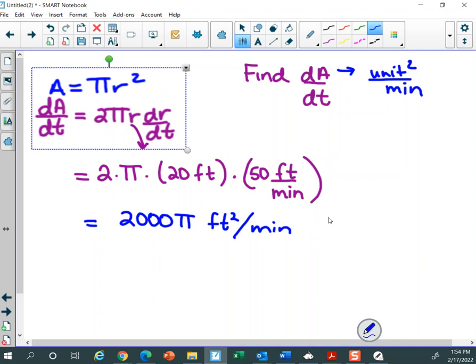Relationship, derivative with respect to time. So change it from a relationship between variables to a relationship between rates of change, and then solve for the missing rate of change. Related rates. It's not just a clever name. Okay. All right.